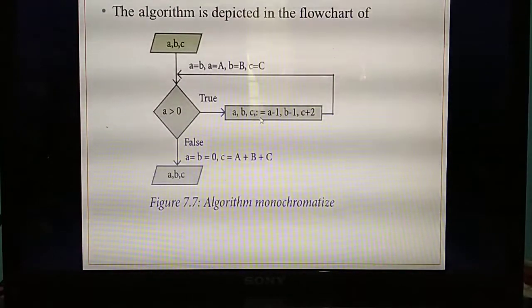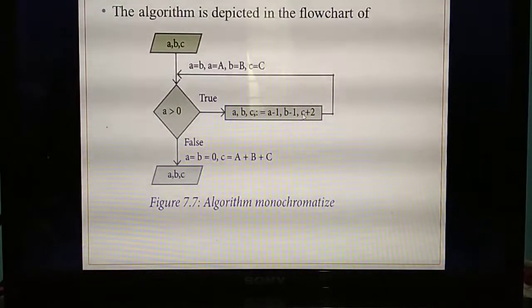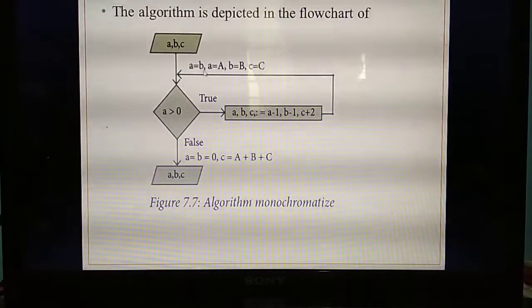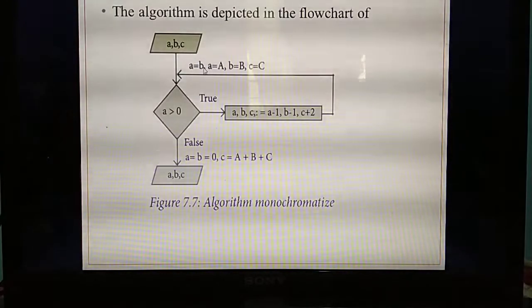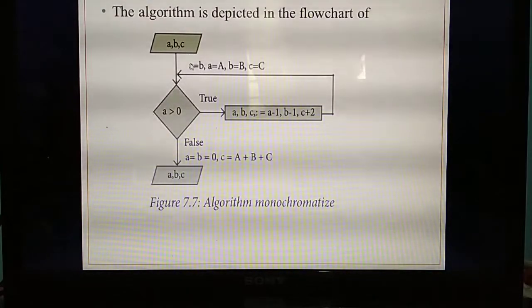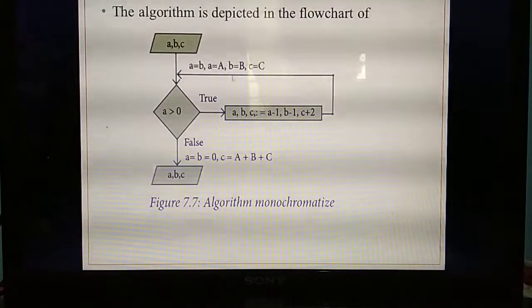A, B, C is changed to A minus 1, B minus 1 and C plus 2.